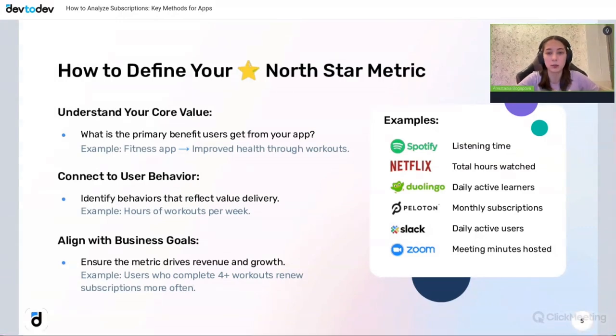If you see other metrics that align with your business goals, select that metric. And the last step is validating. You should validate the metric with the data. You should analyze whether this metric truly represents your user engagement and the value of your app or not. The right North Star metric will serve as a singular focus for your app's growth strategy.